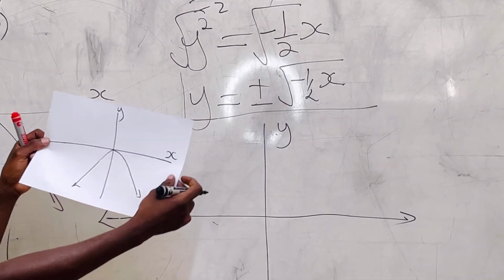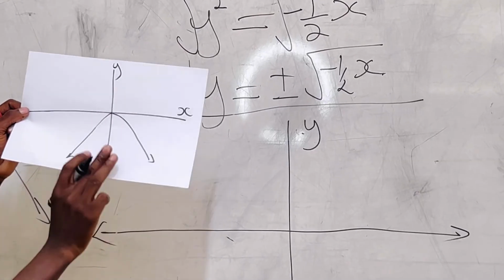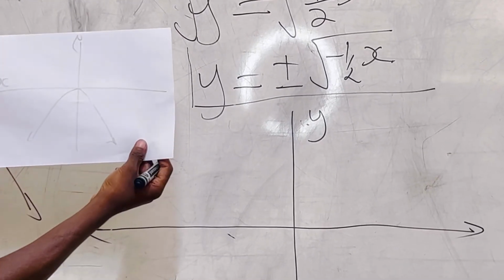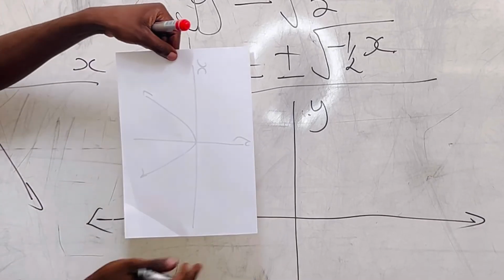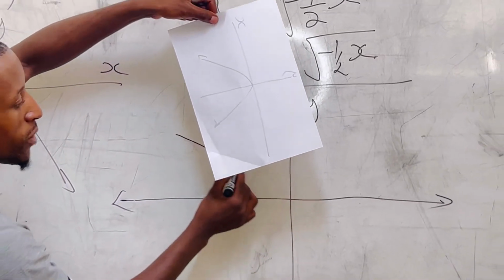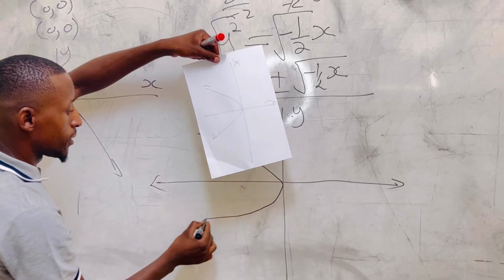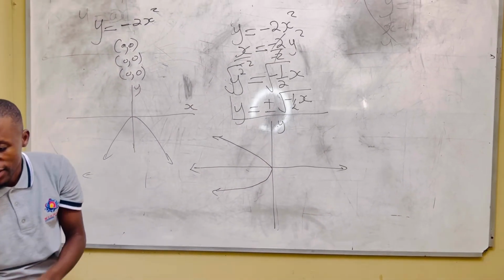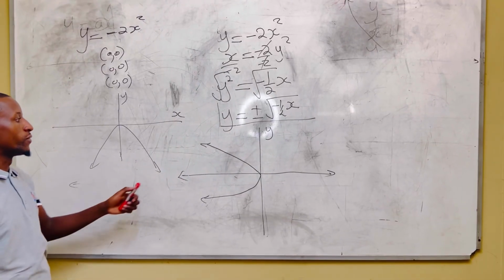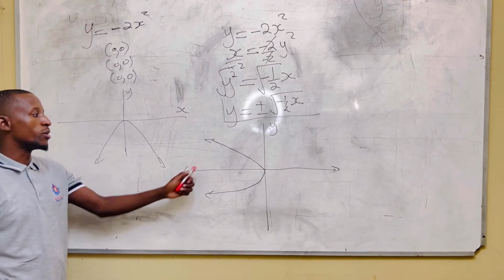Draw it the way you see it. Turn your paper to face that direction, then you tilt it to the right. The shape of the inverse, you're going to trace it. So the shape of the inverse is this one. It's going to face this direction.